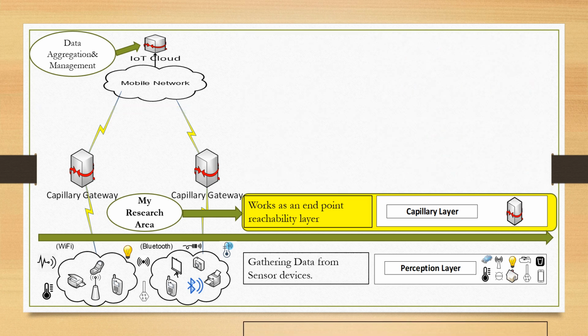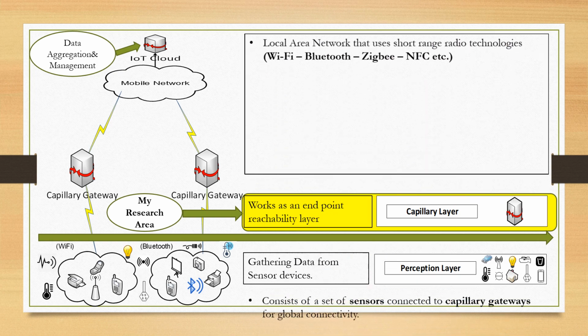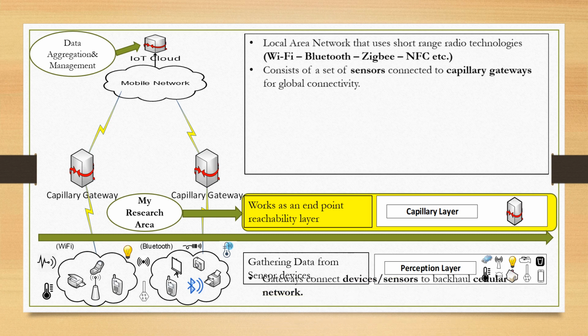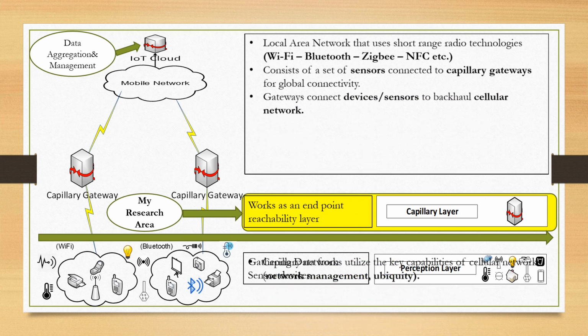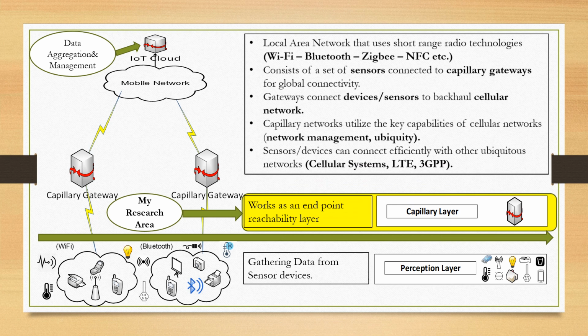So let us talk about the capillary network. So a capillary network is like a local area network that uses short-range radio technologies. These short-range radio technologies could be Wi-Fi, Bluetooth, Zigbee. It consists of the sensors that are connected to the capillary gateways and then up to the cellular network for global connectivity.